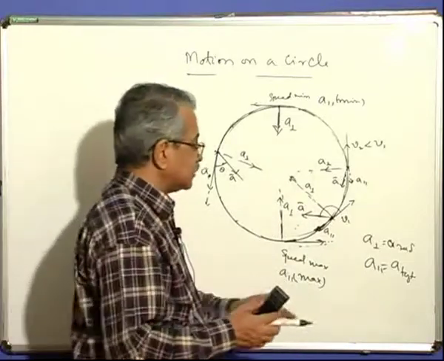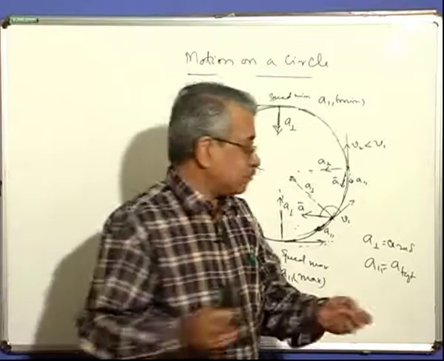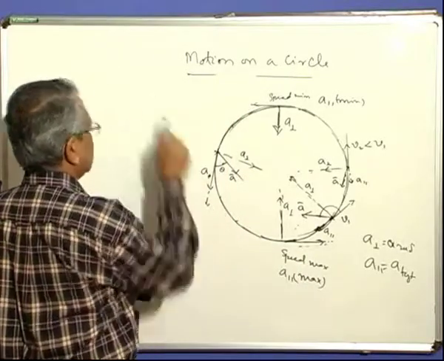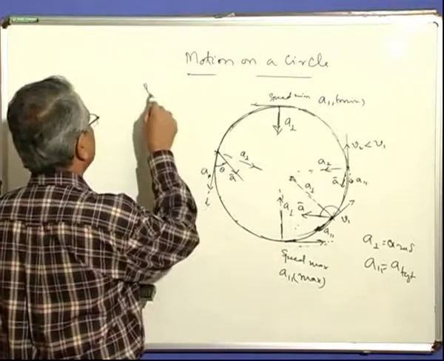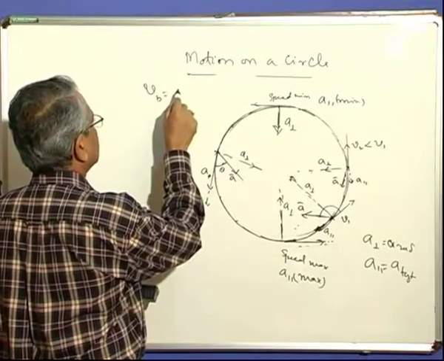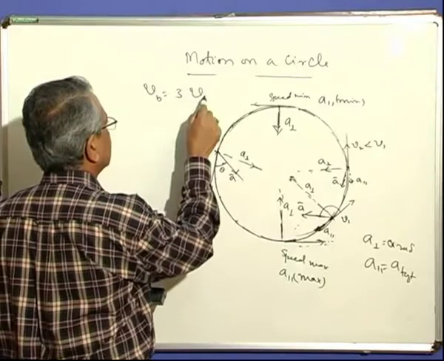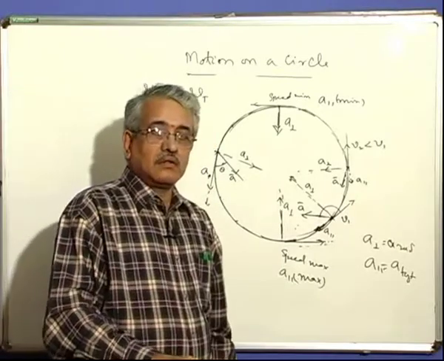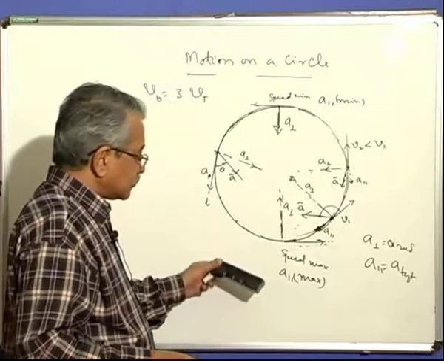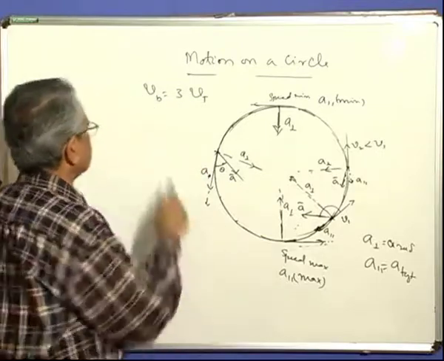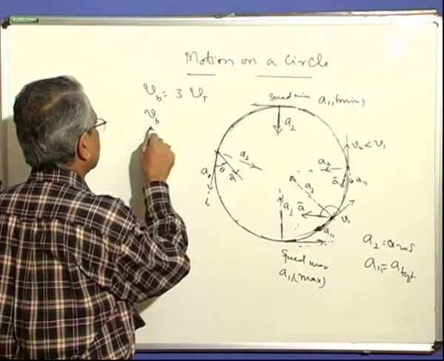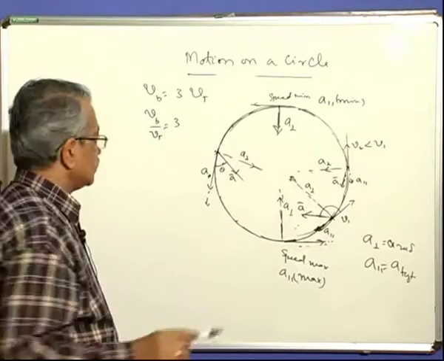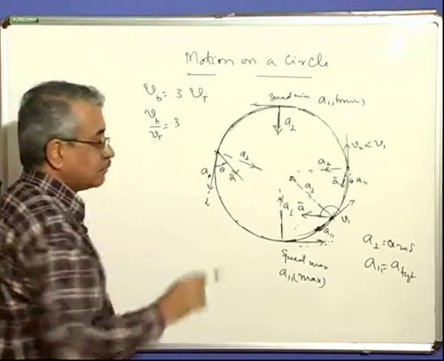We can take numerical problems given like that. For example, suppose it is said in one case, let us say the velocity at the bottom is 3 times the velocity at the top, and you have to find out the accelerations. That means the ratio of the velocities is given, v bottom by v top is 3.